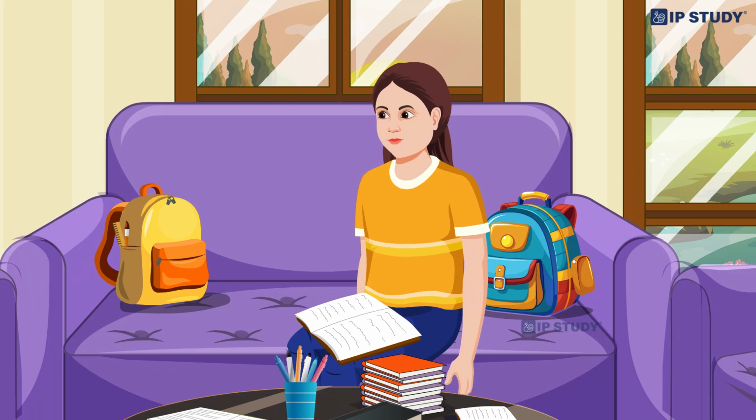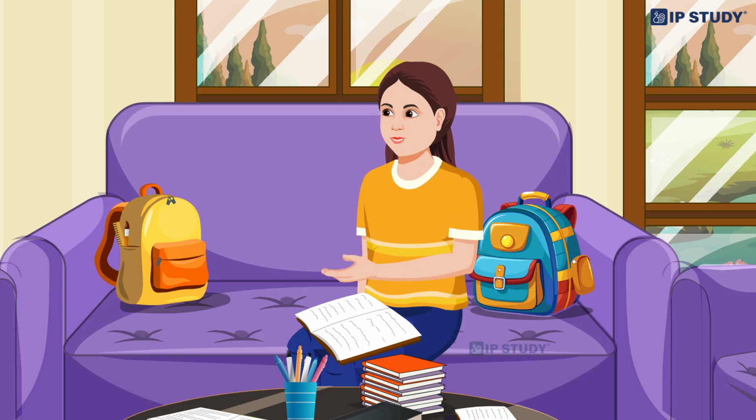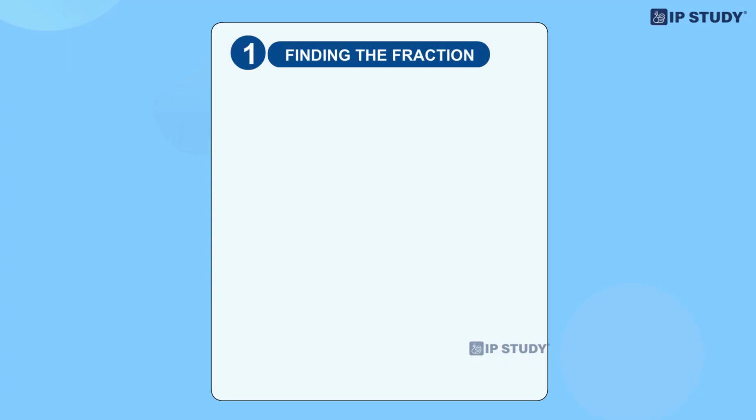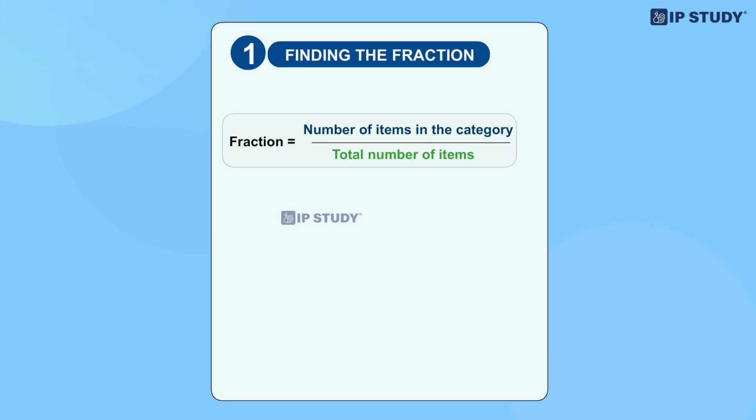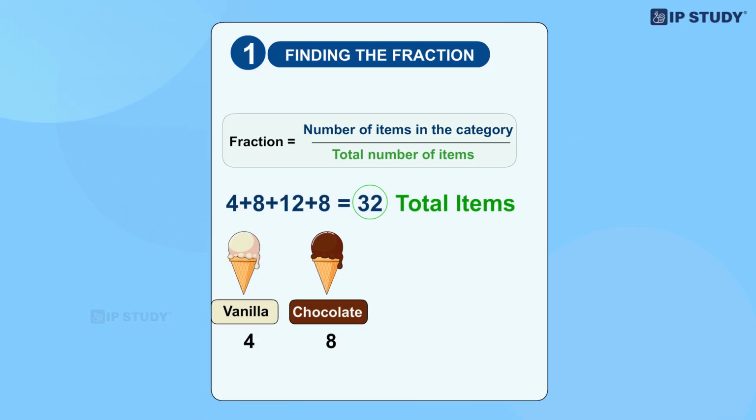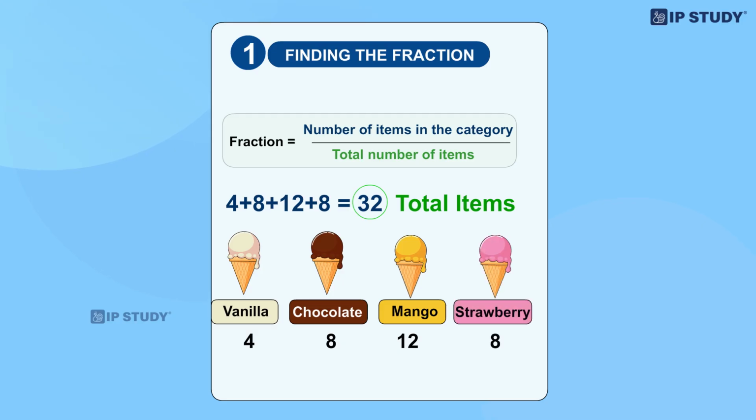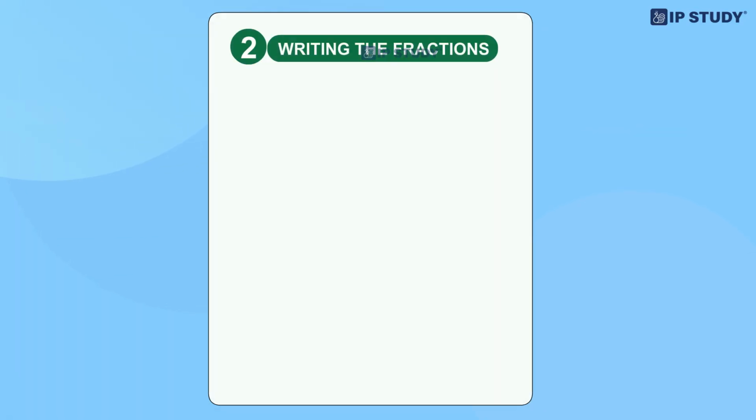First, let us understand the construction of a pie chart step by step. 1. Finding the fraction. A fraction is written as the number of items in a category divided by the total number of items. 4 plus 8 plus 12 plus 8 equals 32, the total items. 2. Writing the fractions.